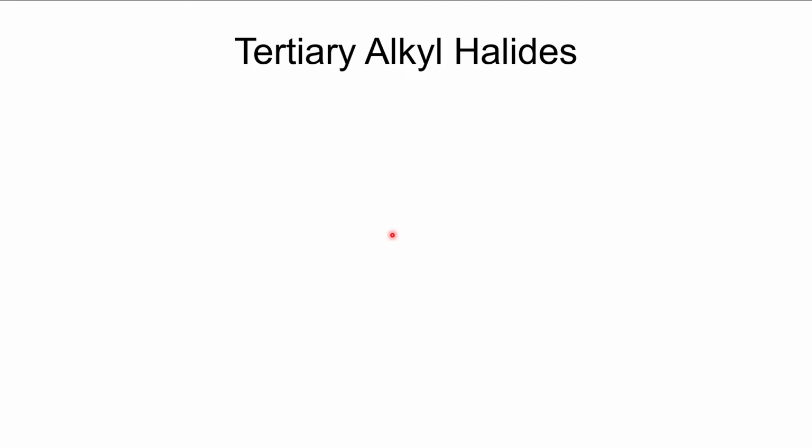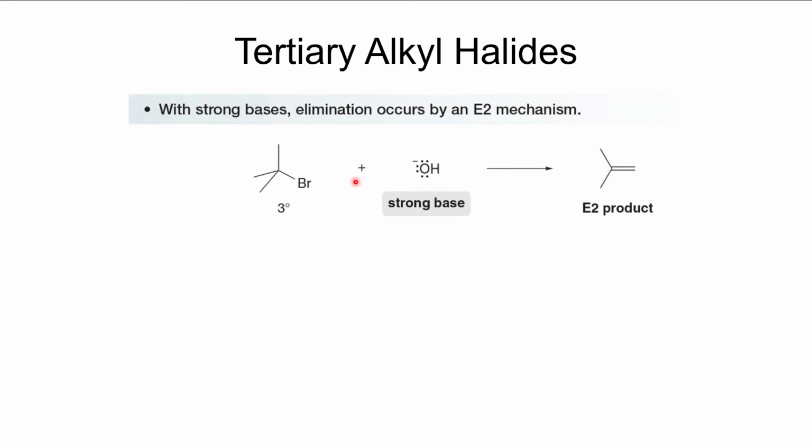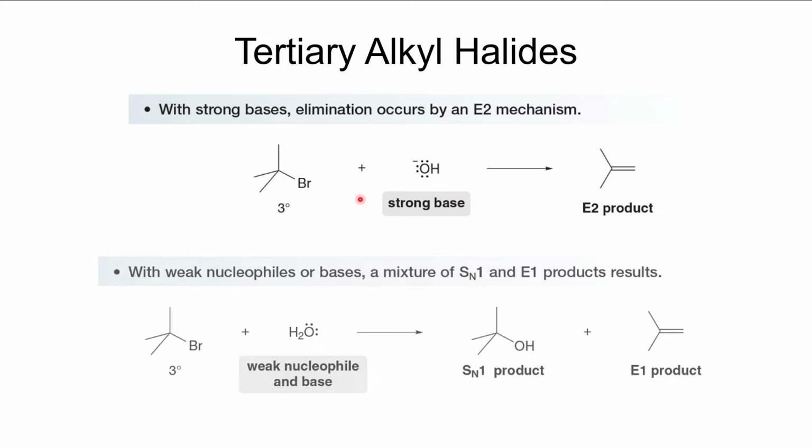When we have tertiary alkyl halides, well, tertiary alkyl halides automatically eliminate the SN2 possibility because of steric hindrance. However, it is possible to do an E2 mechanism if you have a strong base. So it is possible to do elimination.